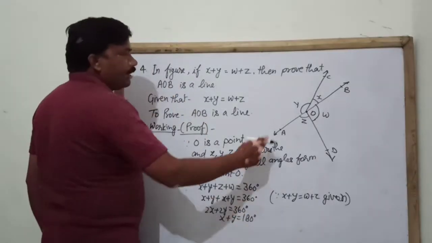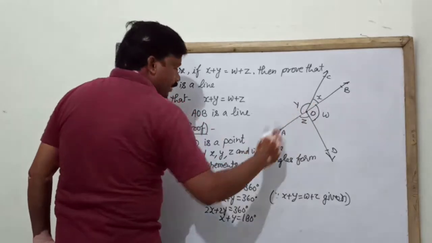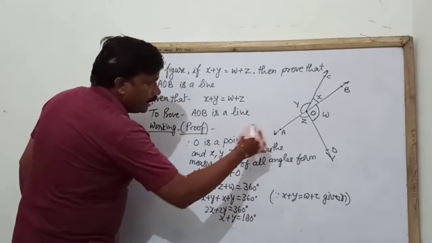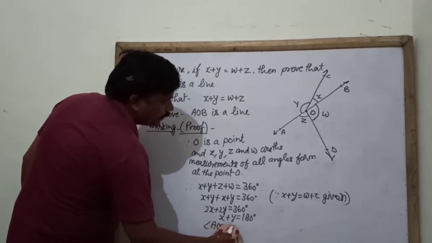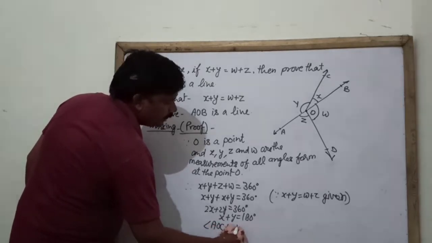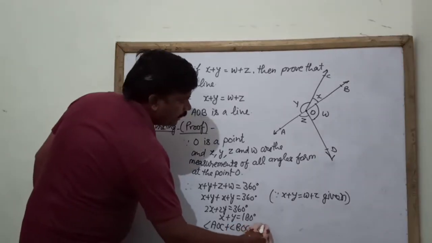These are the measures of these angles, which can be written as angle AOC plus angle BOC equal 180 degree.